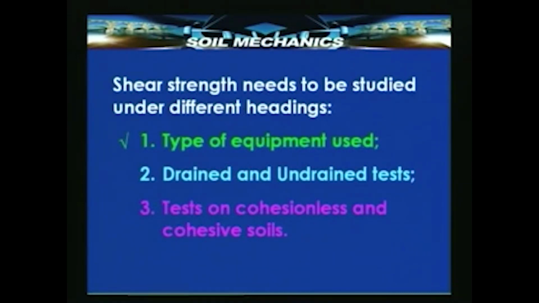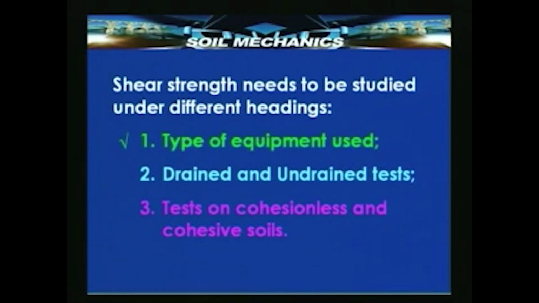We have seen basically that this topic of shear strength of soils needs to be studied in essentially 3 stages. Number 1 is understanding the behavior under shear depending upon the type of test or the type of equipment that is used for testing shear strength.